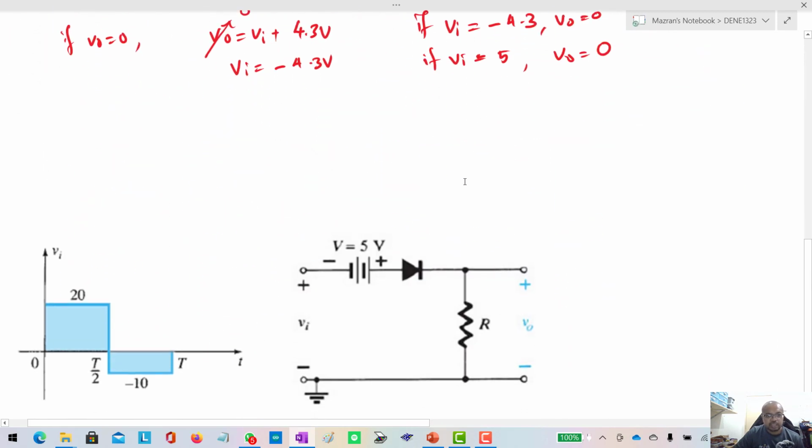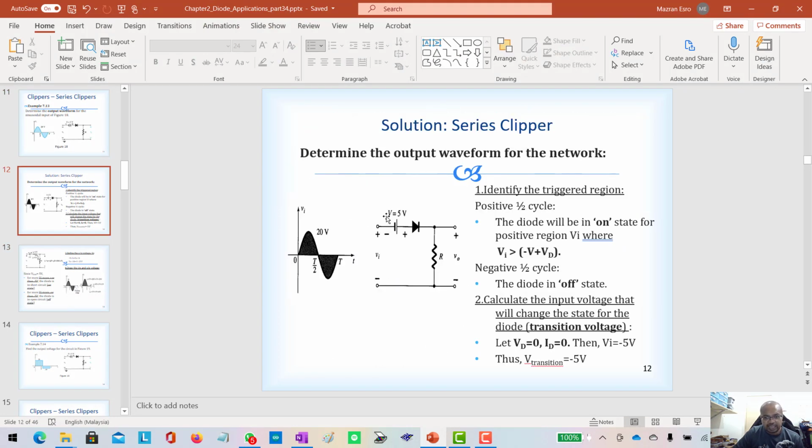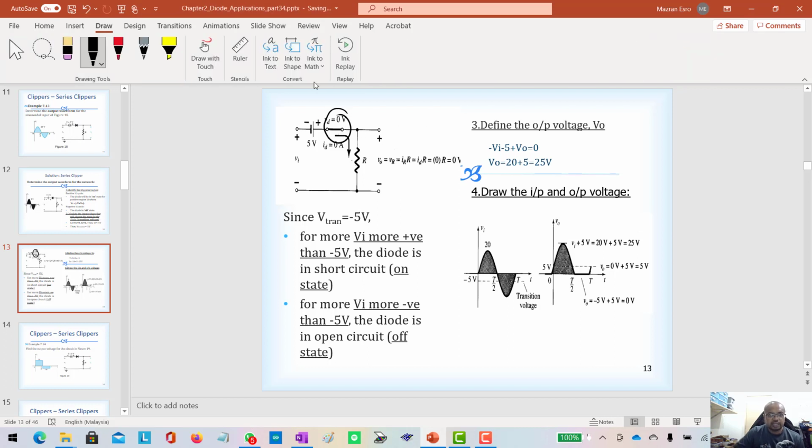Right, next, I also copied an example here. If you look at the answer in the slides, you will see a slightly different answer, because this is with the assumption of an ideal diode. We are not going to use an ideal diode. We are going to use an actual diode, because in your lab you will use an actual diode.